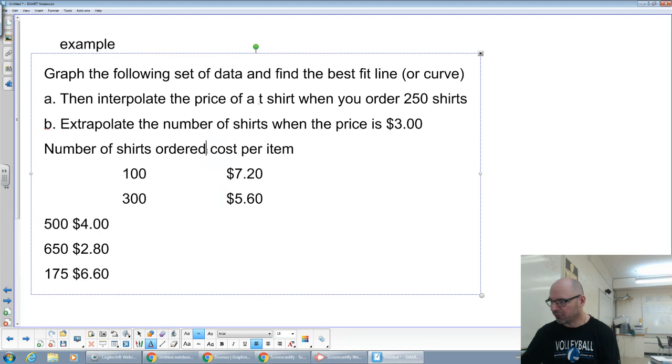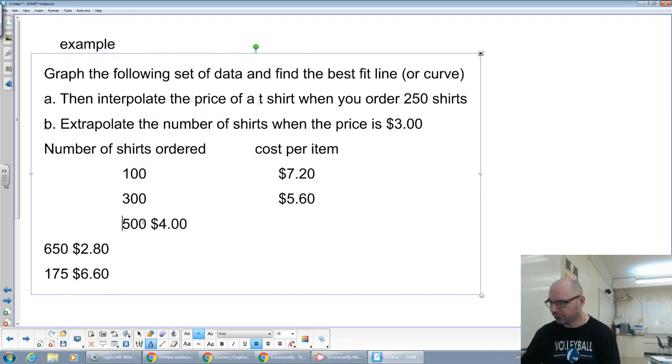Maybe I should put a space in there. Yeah, there we go. That doesn't look too bad. Okay, so this is a table that we're going to graph.